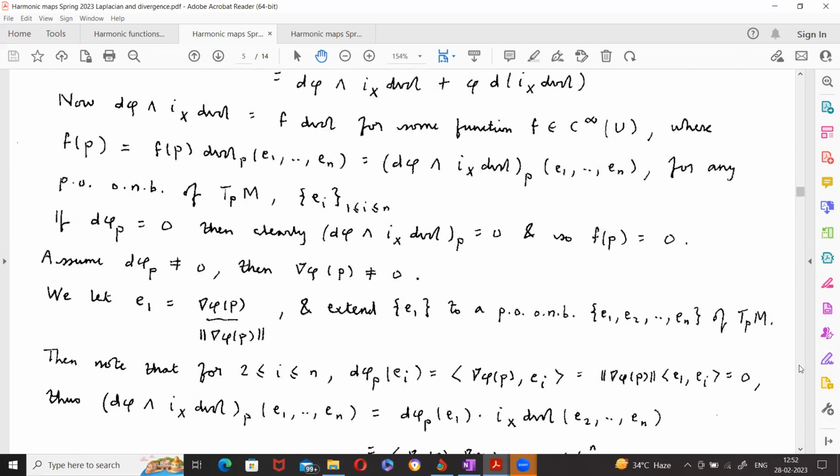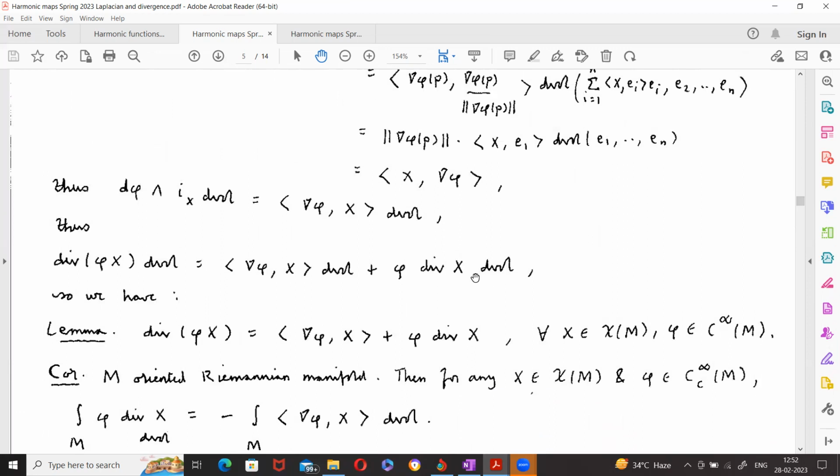So my second term is phi div X dvol. Okay, so now both sides are multiples of dvol, so the coefficient of dvol on both sides has to be equal. That gives me finally the result that I want, that the divergence of phi times X is inner product grad phi X plus phi divergence of X. Is that clear?